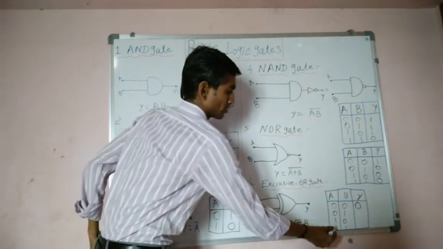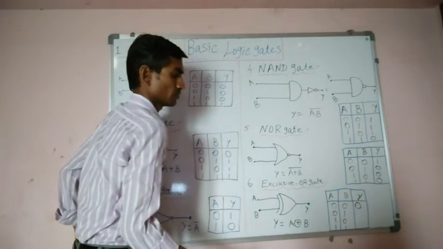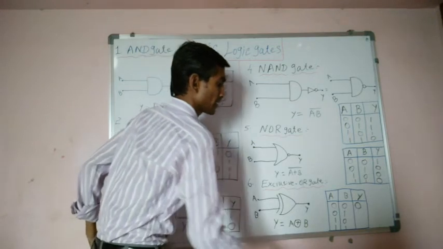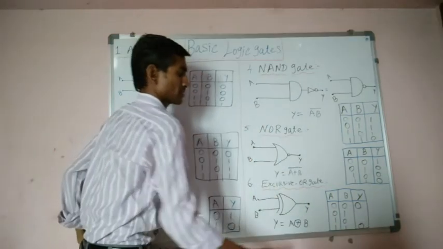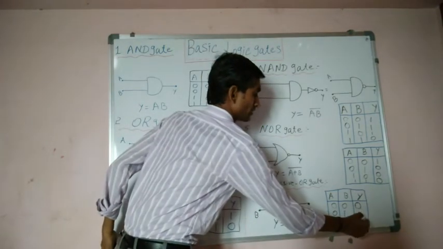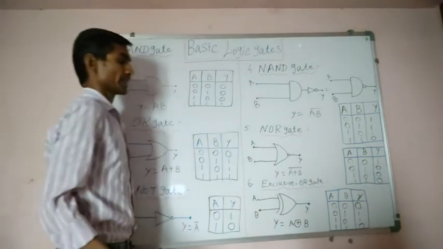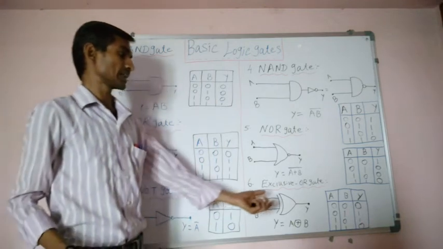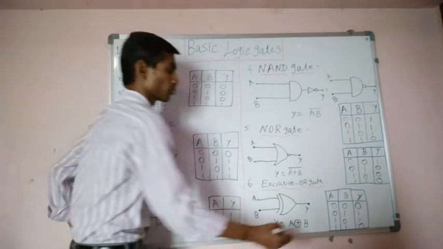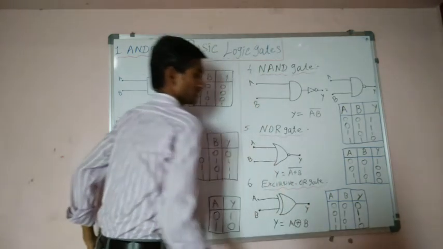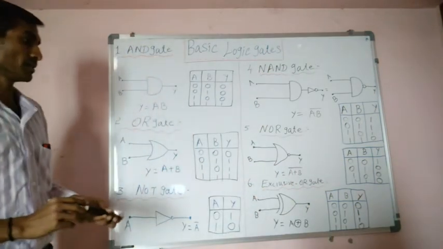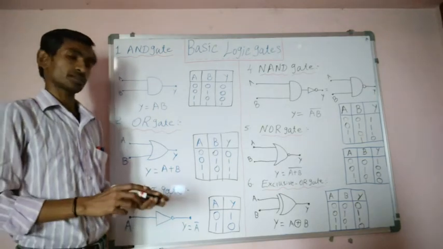Here also 1, 1, two high values, we will get the output 0. If the two input variables are different, we will get the high output, 1, 1. These are the truth table for the exclusive OR gate.